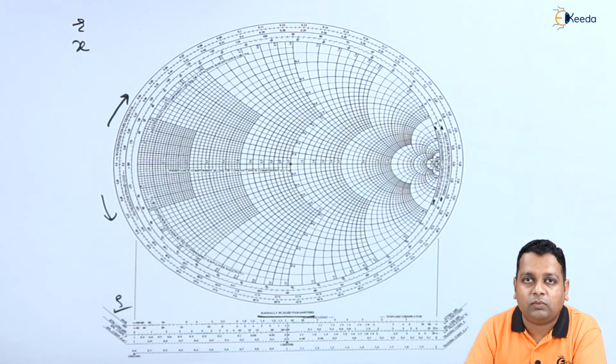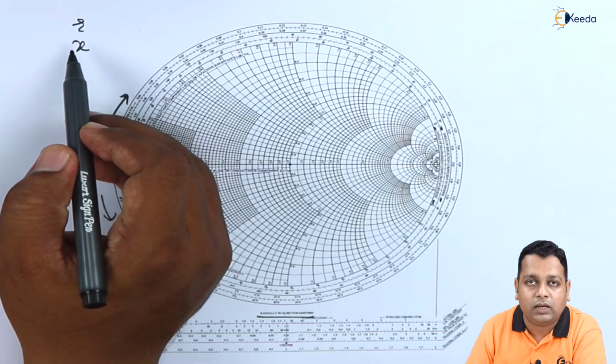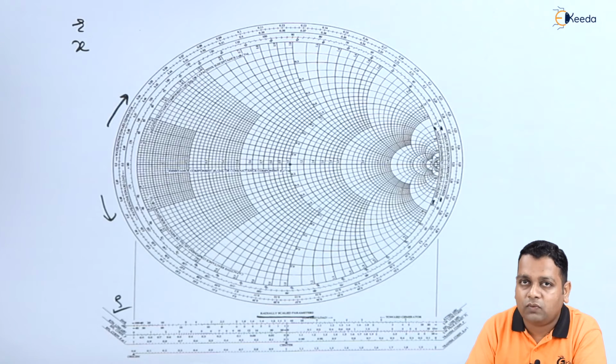So this is the orthogonality corresponding to the R and the X circles for resistance and reactance. In other words, the resistance is marked on the horizontal axis, whereas the reactances are marked on the vertical axis.